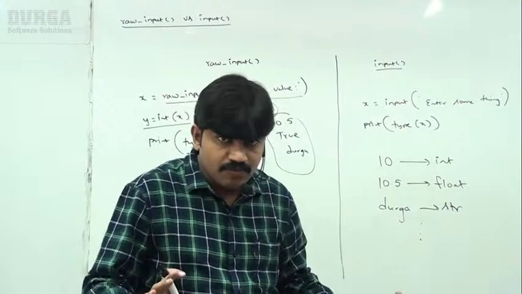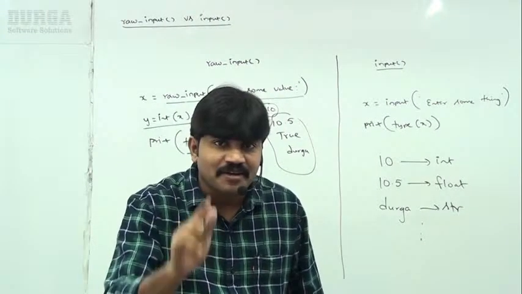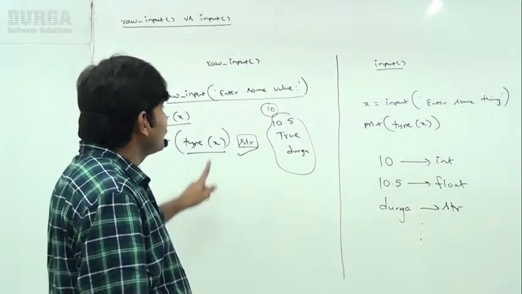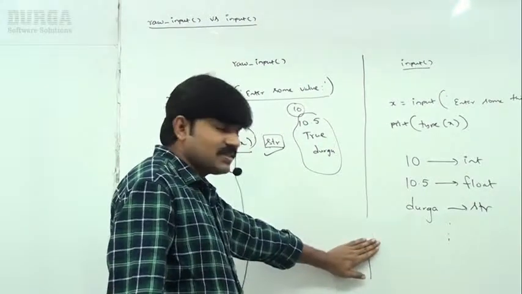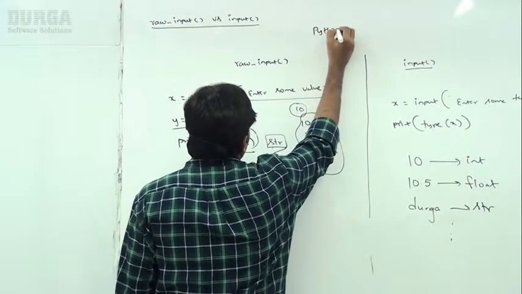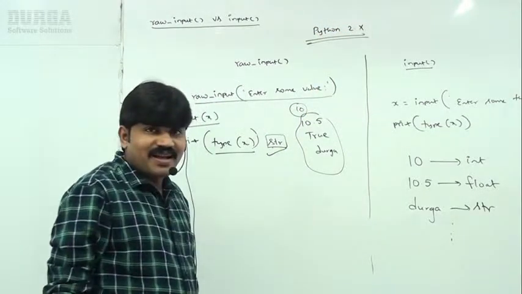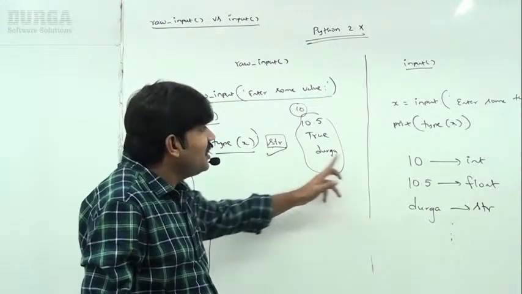Raw_input and input. But here one small twist is there. What is the twist? These two functions are applicable for Python 2.x. Python 2.x, these two functions are applicable, right?